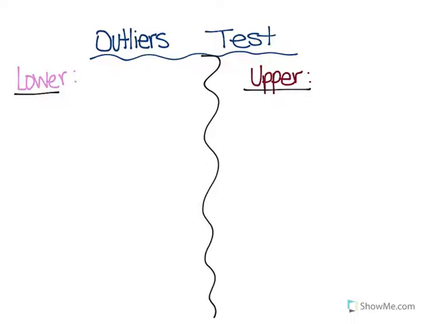So the lower outlier test says that you have an outlier if that number is less than or equal to Q1, quartile 1, minus 1.5 times the interquartile range.